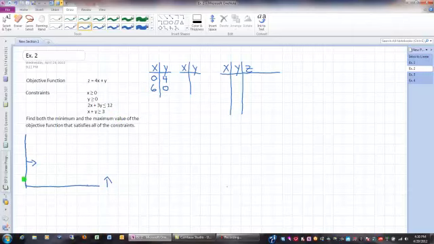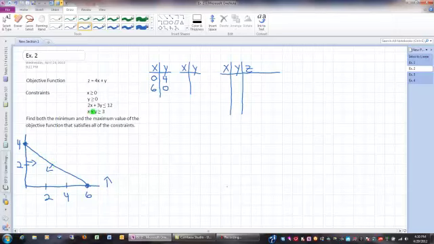So we want 0, 4, and 6, 0. There's our point. So we have our 2 points. We connect the dots. Our test is 0, 0, and 0 plus 0 is less than 12, so we're on this side of that line.